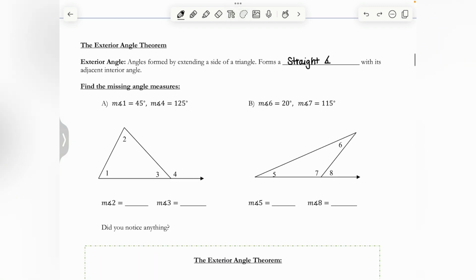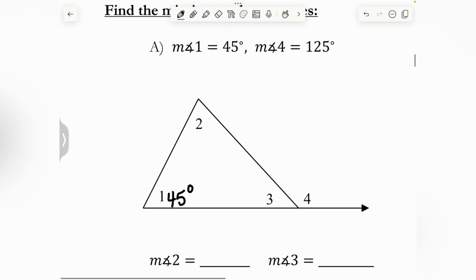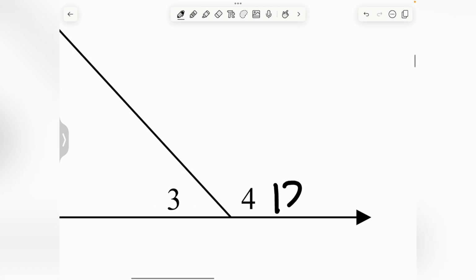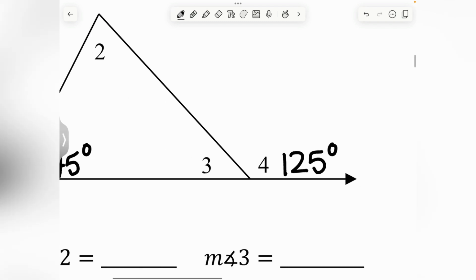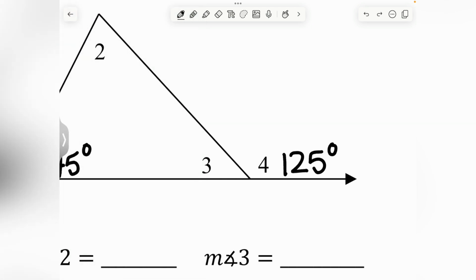And so let's find the angle measures. If I know that angle 1 is 45 degrees and angle 4 is 125 degrees, well, these two are a straight angle, which means they have to add to 180. So if I take 180 and subtract 125, I get 55.